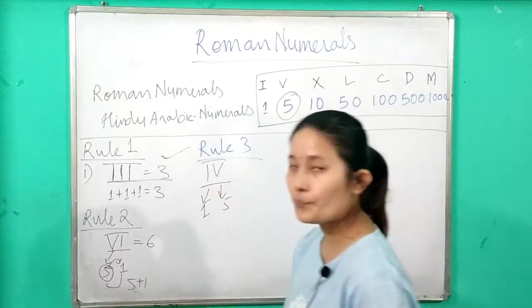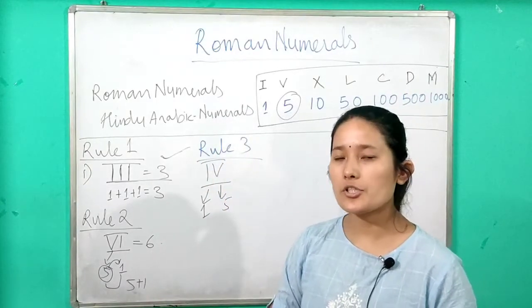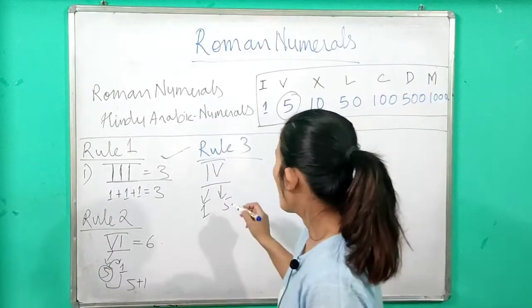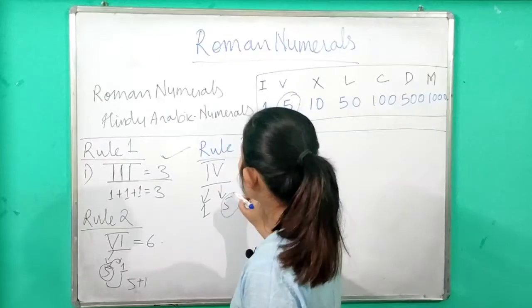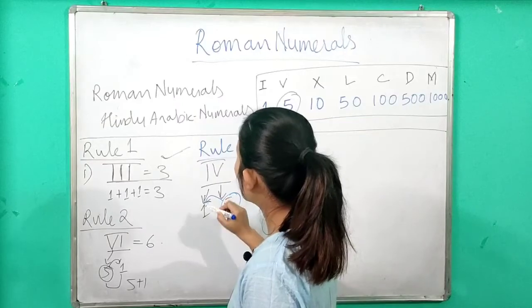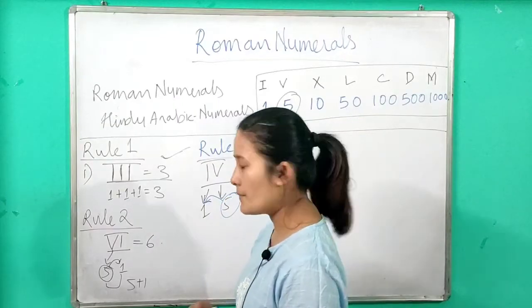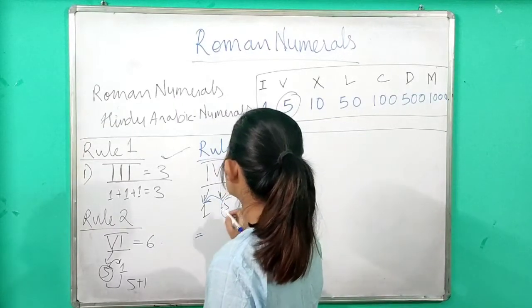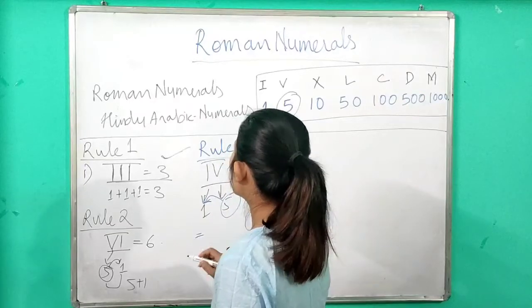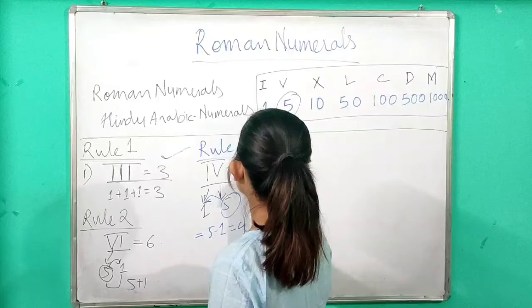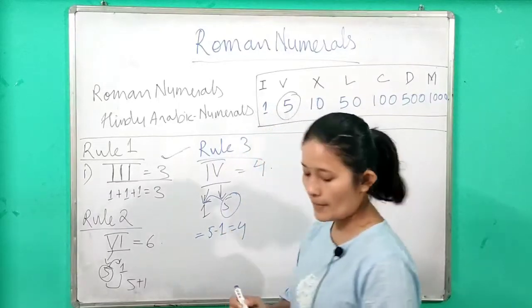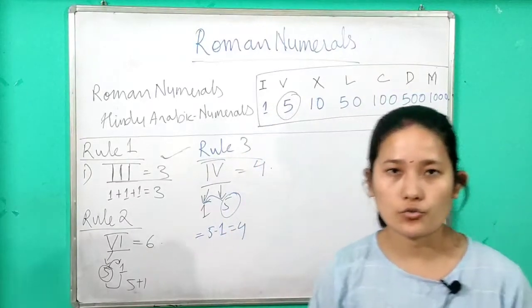So if the smaller value symbol comes before the greater value, this 5 is greater, so before that, if the smaller value comes, then you have to subtract the smaller value from the greater value. That means 5 minus 1, it is 4. So this means 4. That is rule number 3.